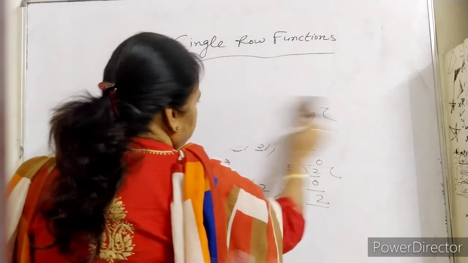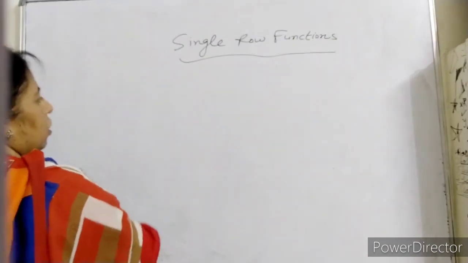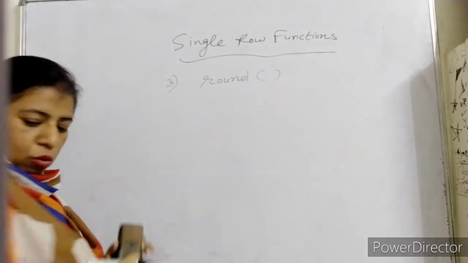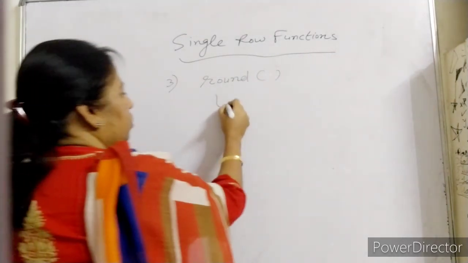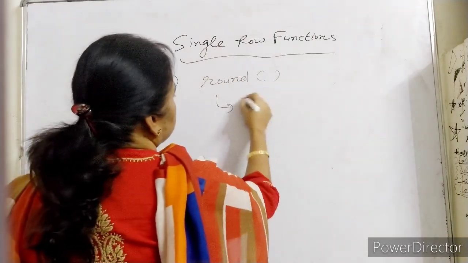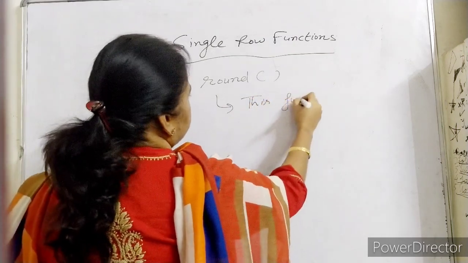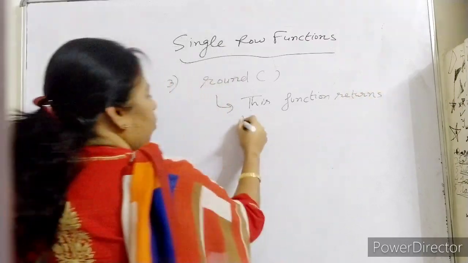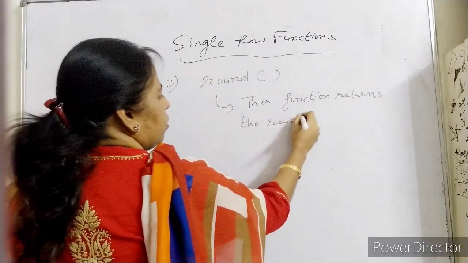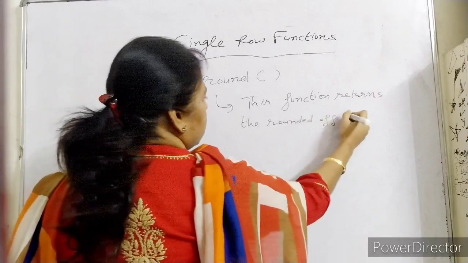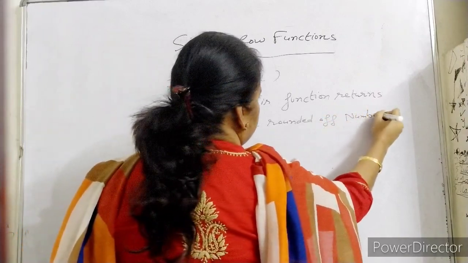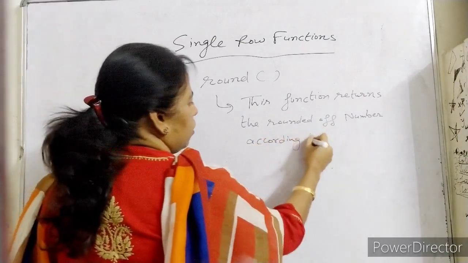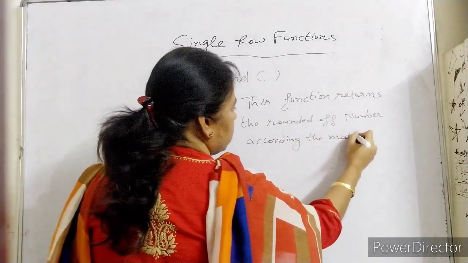Okay. Third function which is in your syllabus is round. What does this function do? This function returns the rounded off number according to the mathematical rules.